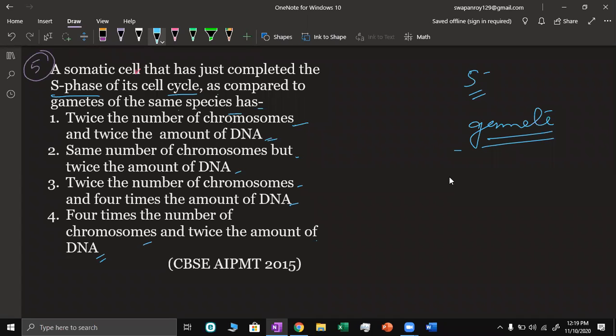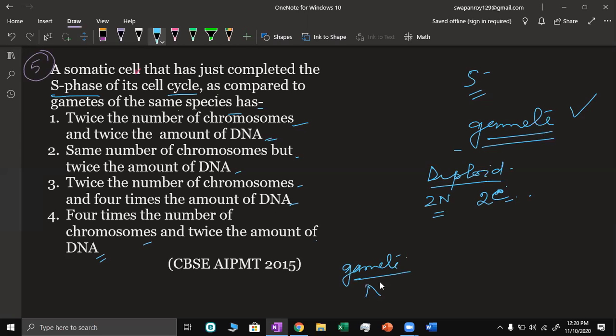See, we will take it like this, that the cell is diploid. In the diploid cell, the chromosome number is 2n, and the amount of DNA is 2c. And if we take the gamete of that, gamete cells are haploid.